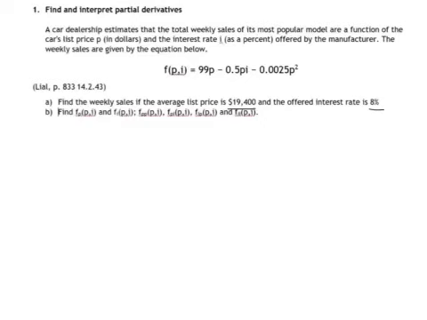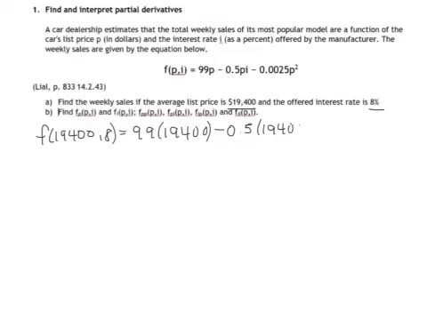So if we can just do that, we have F at 19,400 and 8, where 8 is our interest rate. So we have 99 times 19,400 minus 0.5 times 19,400 times 8 minus 0.0025 times 19,400 squared.